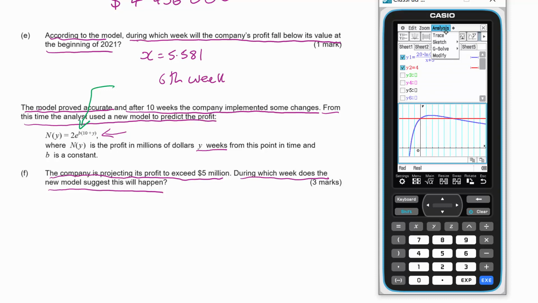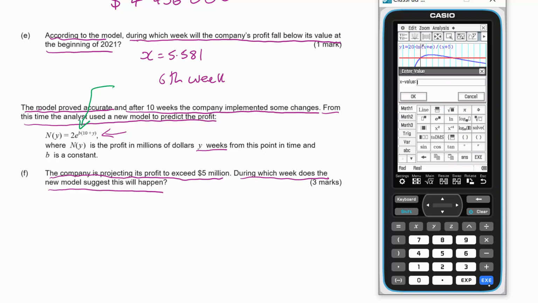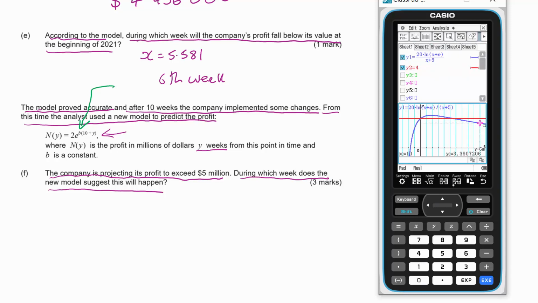So let's just do a Y-Cal using that graph when x is 10, and that gives me 3.3907. So that was the profit at 10.